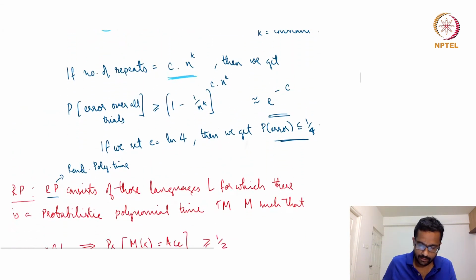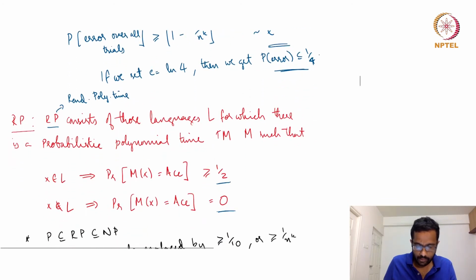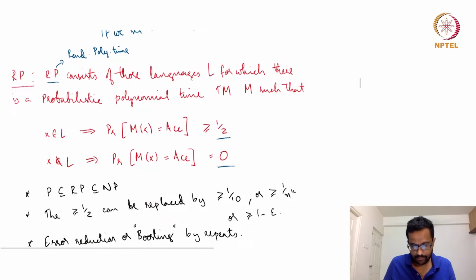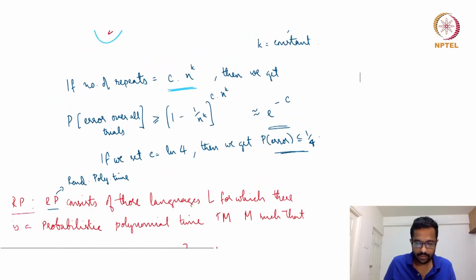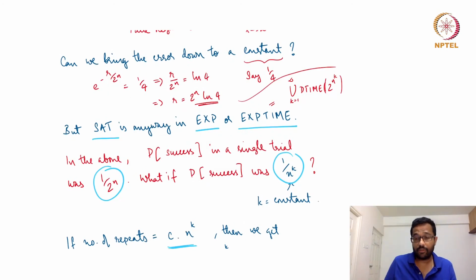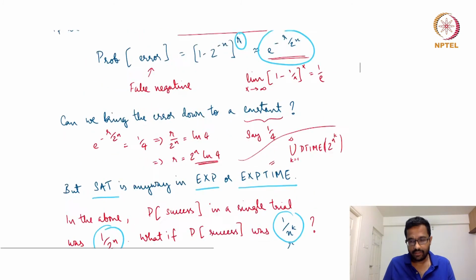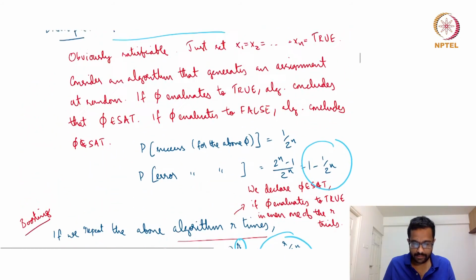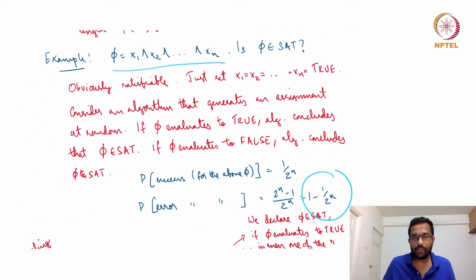And it's exactly like this. Whenever a formula phi is not satisfiable, this algorithm will never accept. There is no false positive. We declare that a formula is satisfiable only when we find a satisfying assignment, so there will never be a situation where the formula is declared satisfiable while it is actually not.